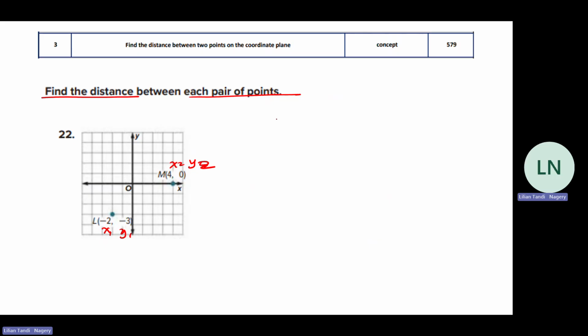Okay, then you're going to write distance equals, then you do square root. You write the formula: x1 minus x2 squared plus y1 minus y2 squared, equals the square root.